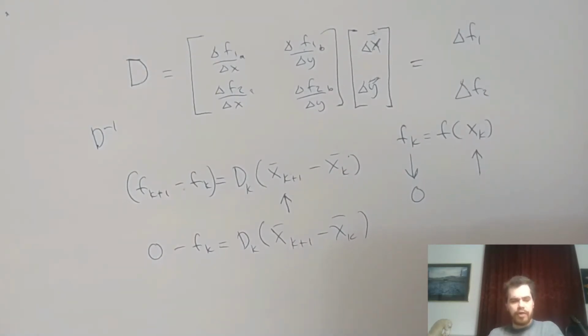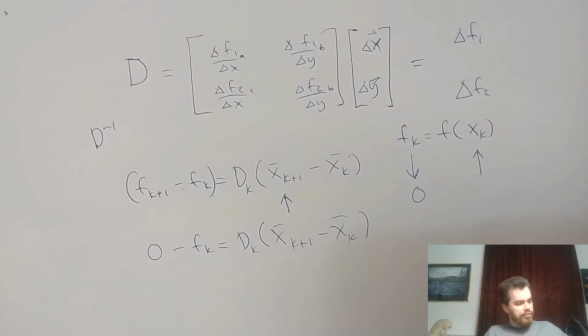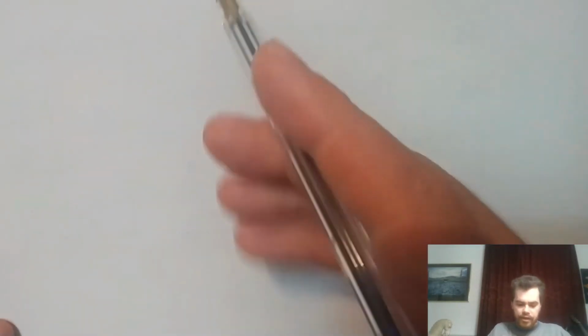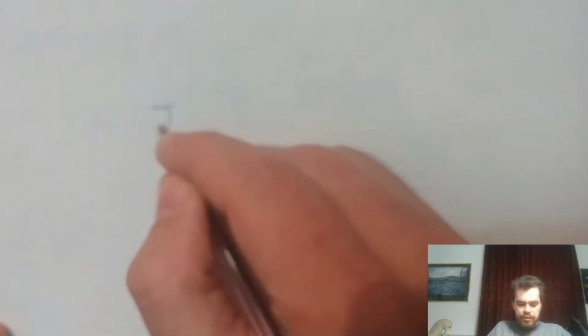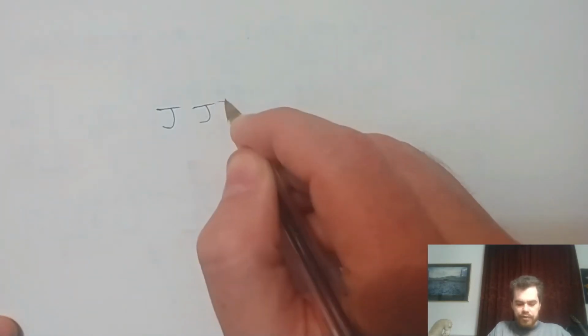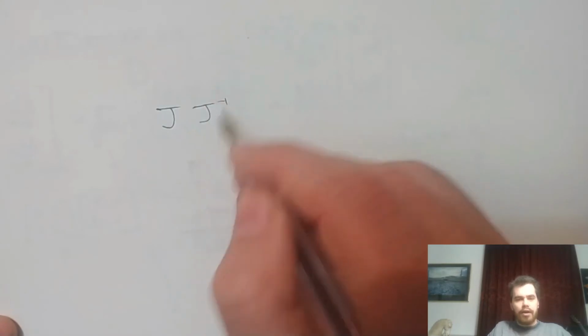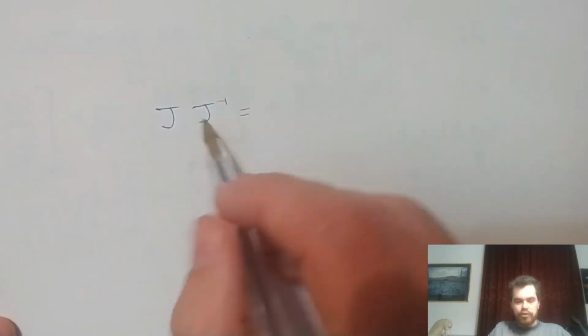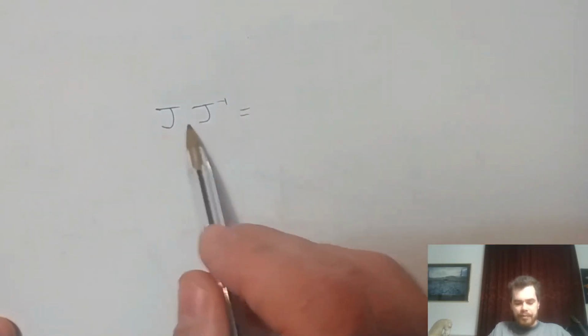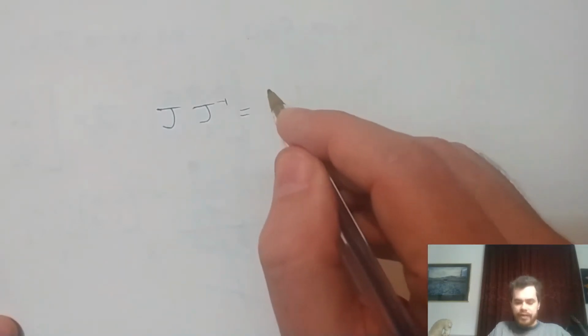And if you're not familiar with matrix inverses, real quick, J was our matrix and J inverse was our inverse matrix. Our inverse is some matrix that when you multiply these two matrices together, you get out the identity matrix.